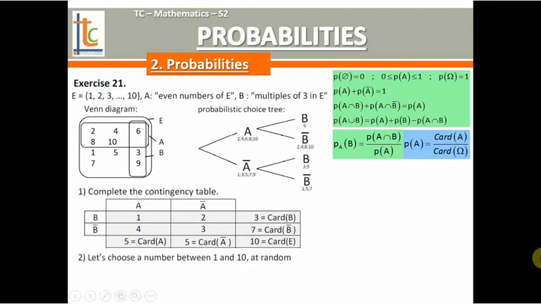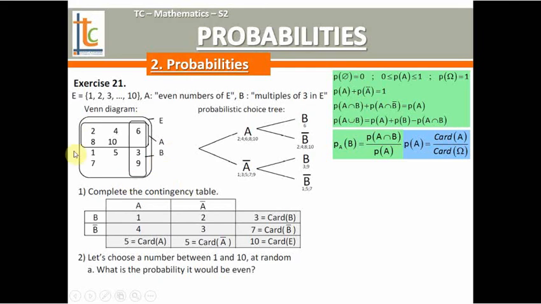Okay, now questions about probabilities. Let's choose a number between 1 and 10 at random. What is the probability that it would be even? So let's choose a number at random inside the whole set. The probability it would be even is P of A. So you are in equally likely outcomes.